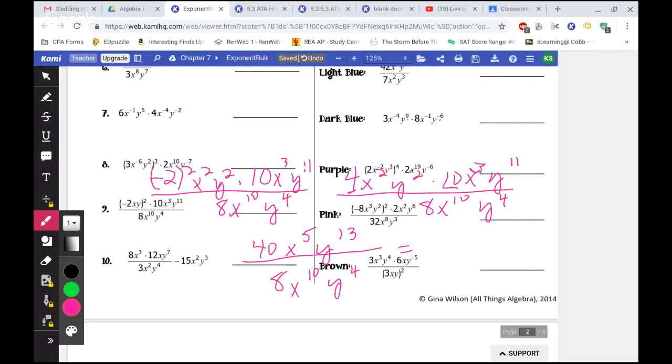Where did you get 40 from? I'm sorry? Where'd you get 40 from? See, there's a 10 right here, right? Oh, so you just did 4 times 10? Yes. Because you still handle your integers the same exact way.